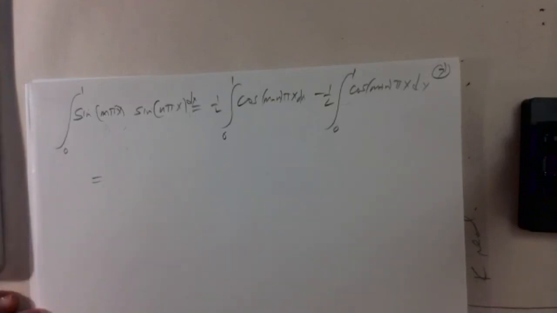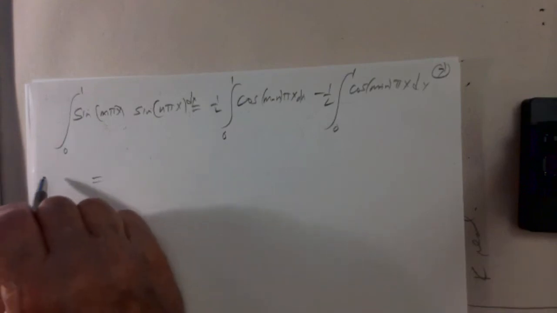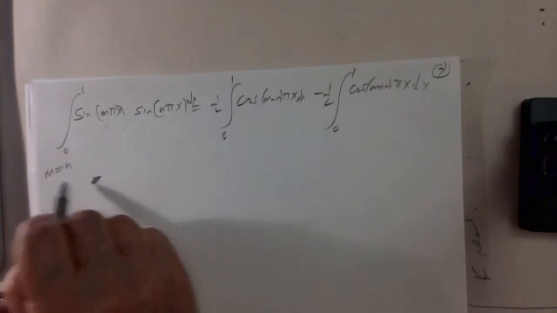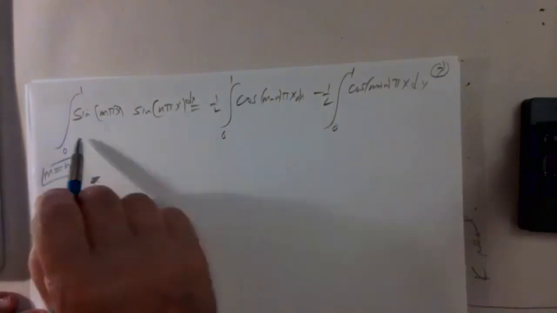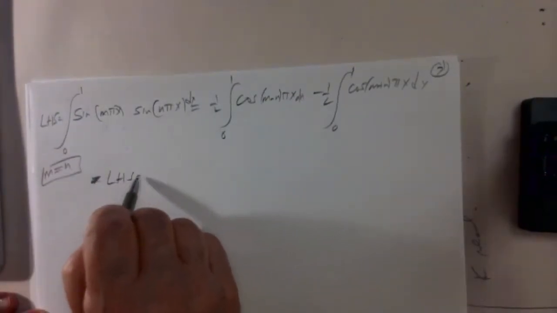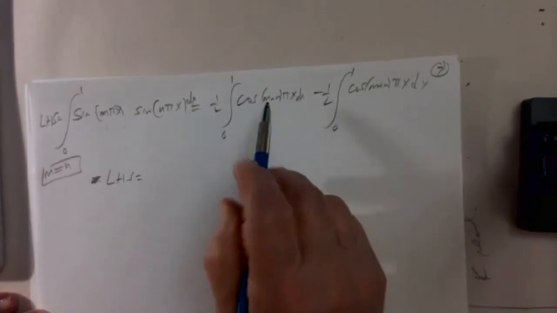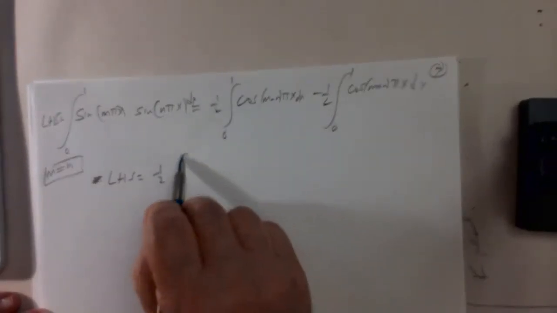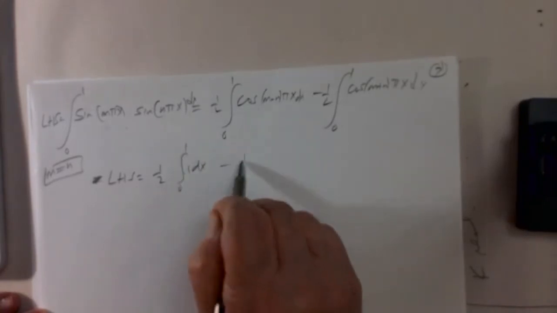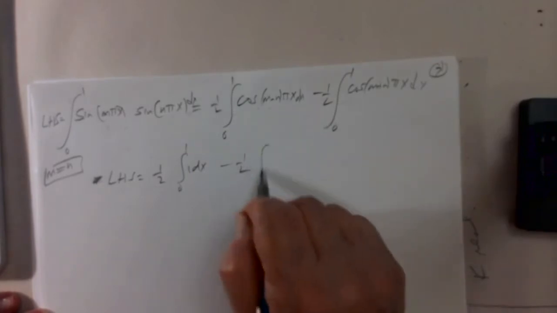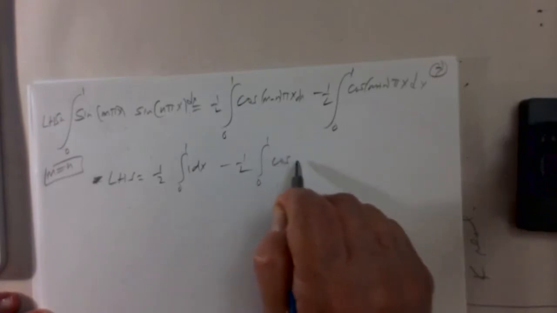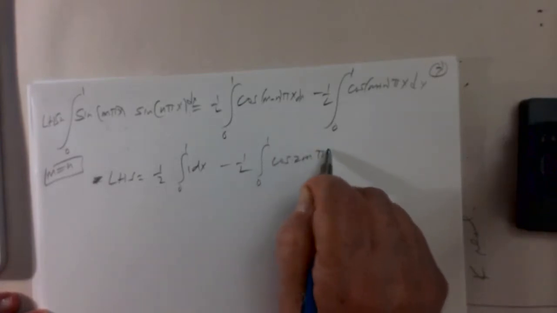So let's look at two separate cases. If m is equal to n, my left-hand side is 0. The cosine of 0 is 1. This is 1/2 the integral of 1 dx minus a half the integral from 0 to 1 of cosine of 2m pi x dx.